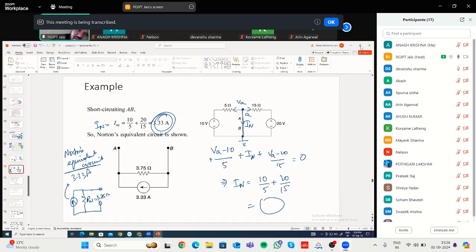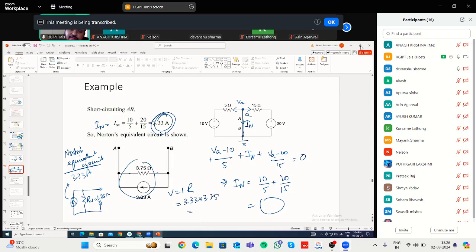But from Norton's, you can again find Thevenin's using simple source transformation. What will be the Thevenin's equivalent circuit? Again, you have to find out the voltage across this resistance, that means V equal to IR. What is the current flowing? I is 3.33, R is 3.75.